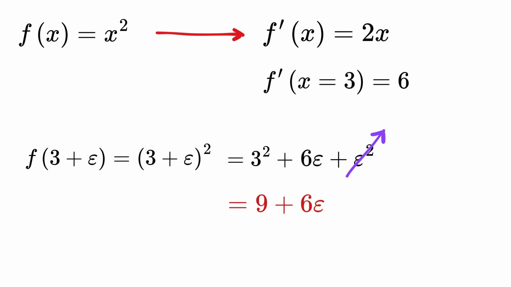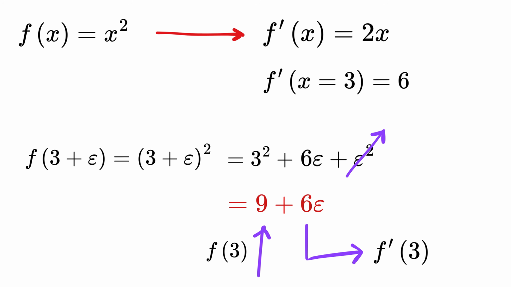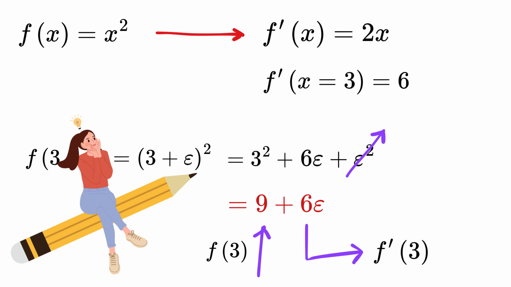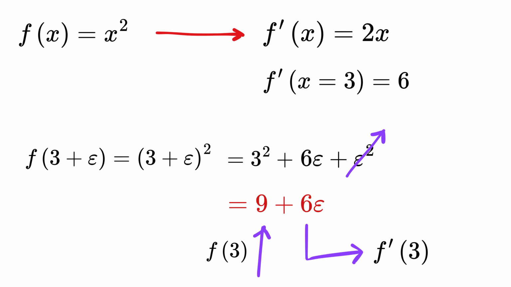And here's the trick. The real part, 9, gives us the value of the function at 3, and the coefficient of epsilon, which is 6, directly gives us the derivative at that point. I am getting goosebumps right now. Yes, this is real. You are not seeing any dream. So without using limits, rules, or any differentiation formula, we got the answer instantly.